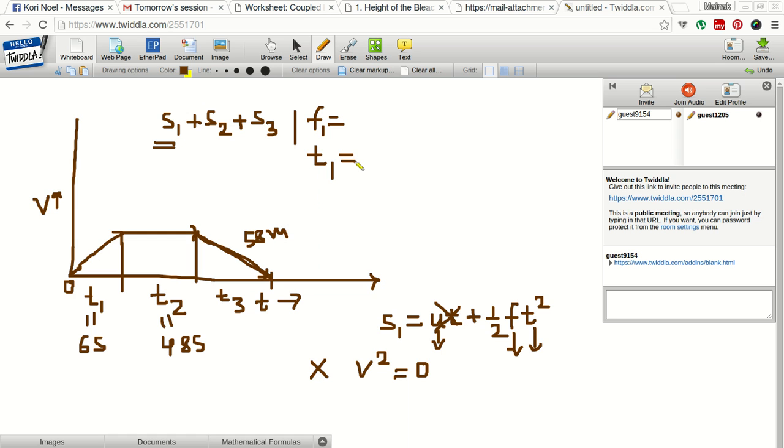If we know f and t, and the initial velocity, let's say u1, then we can easily find the total distance traveled using this particular formula, correct? Yes. And that's exactly what we did. So we found the value for s1, okay?